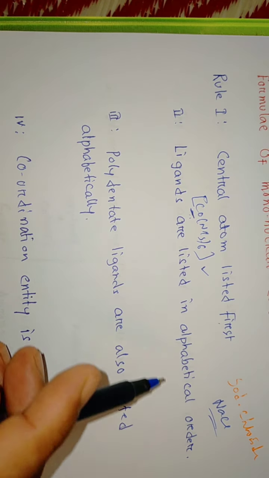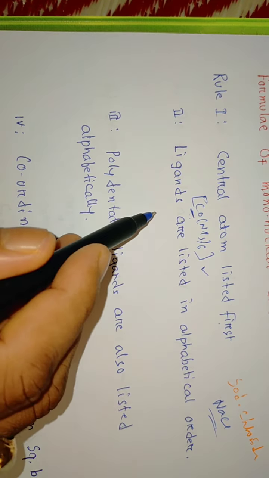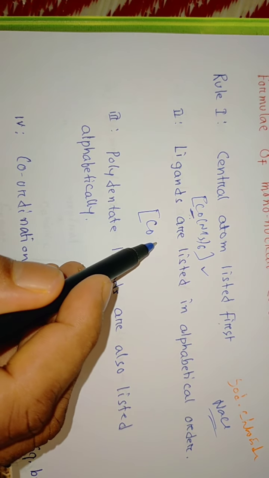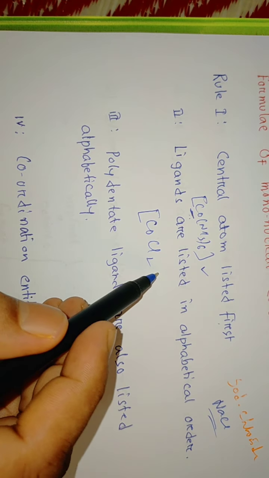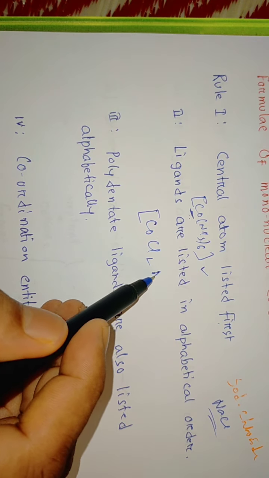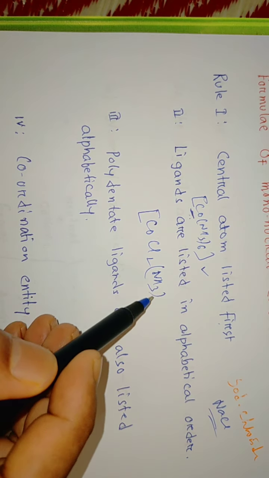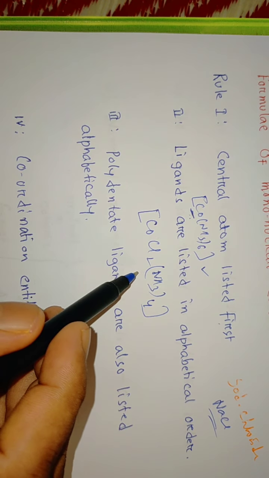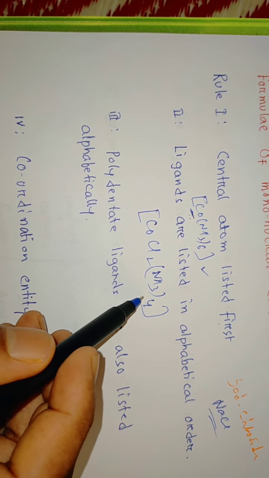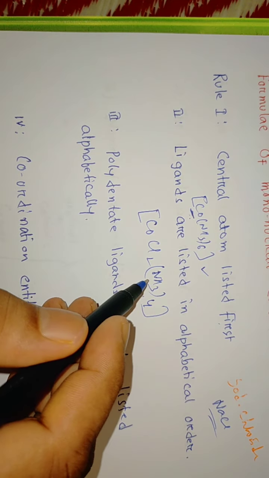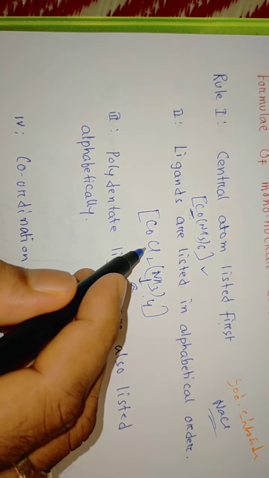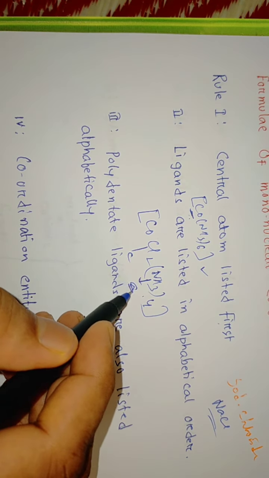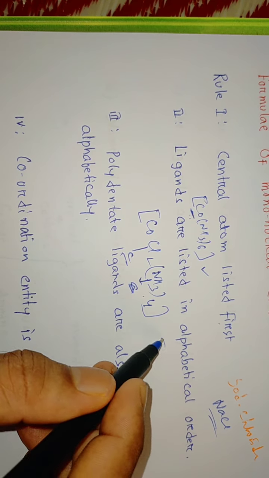Ligands are listed in alphabetical order. So if there are several ligands, for example, it contains chlorine and it contains ammonia also, then it is not in alphabetical order. You have to maintain it, because ammonia starts with A, chlorine starts with C, so you have to make adjustment in the alphabetical order.